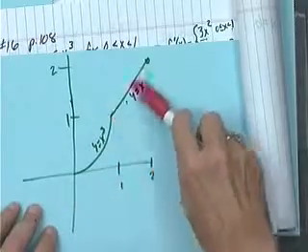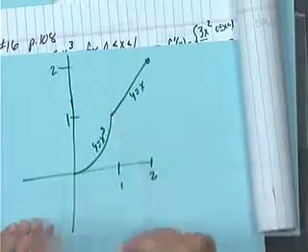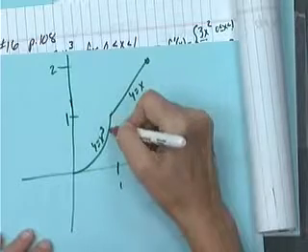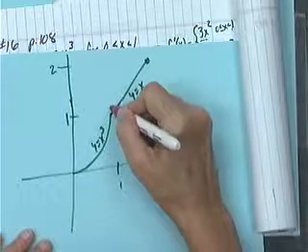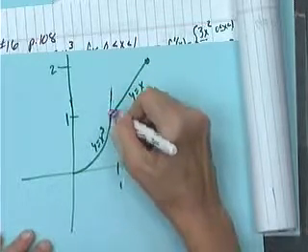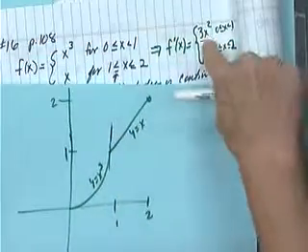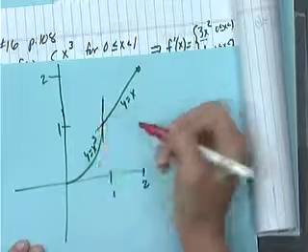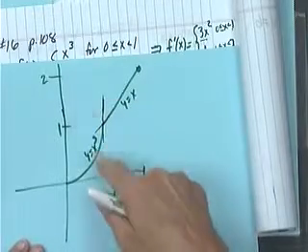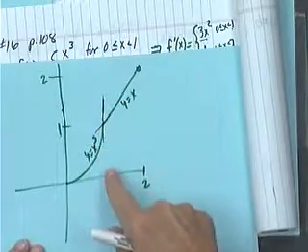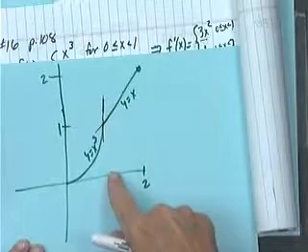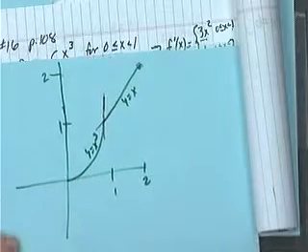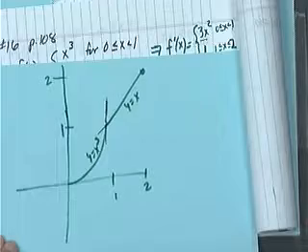So if you traced over it, it is continuous there. But if you try to come in with that unique tangent line, you're coming this way. That would be a tangent line with slope 3 that we just found right here. And if you're coming in this way, this is a tangent line with slope 1. You do not have a unique tangent line coming in here. Is that clear? All right, let's go to problem number 20.